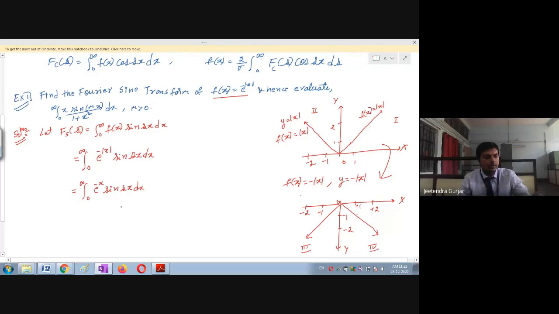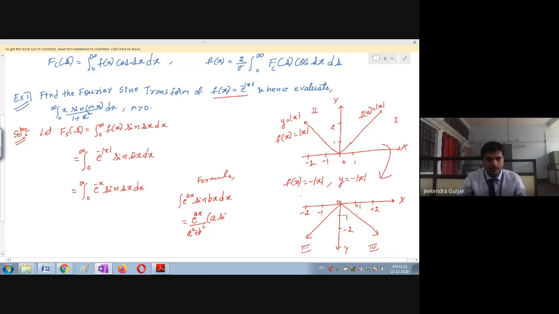I think you know the formula. Yes friends, please remember all these formulas. I think you should make a note. Integration of e raised to ax sine bx, we have used this formula more than two or three times, so please remember this is e raised to ax divided by a square plus b square, right?